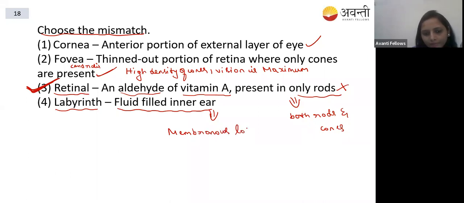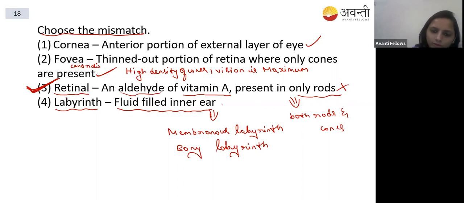So the fourth one is also correct. That is why option 3 is the correct answer, whereas the others are wrong. Option 3 is the mismatch here.